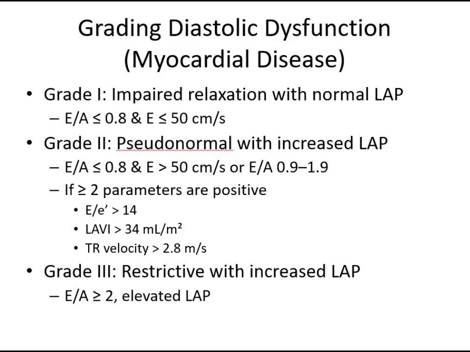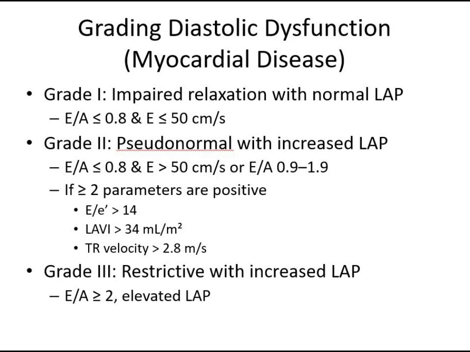The patient has grade 2 pseudonormal with increased left atrial pressure. If their E to A ratio is less than 0.8 and the E velocity is greater than 50 centimeters per second, or E to A ratio is 0.9 to 1.9, and two of the below parameters should be positive, and these include E to E' ratio greater than 14, LAVI greater than 34, or TR velocity greater than 2.8 meters per second.